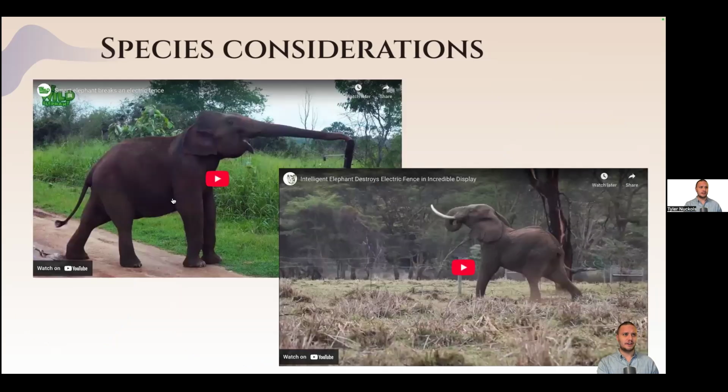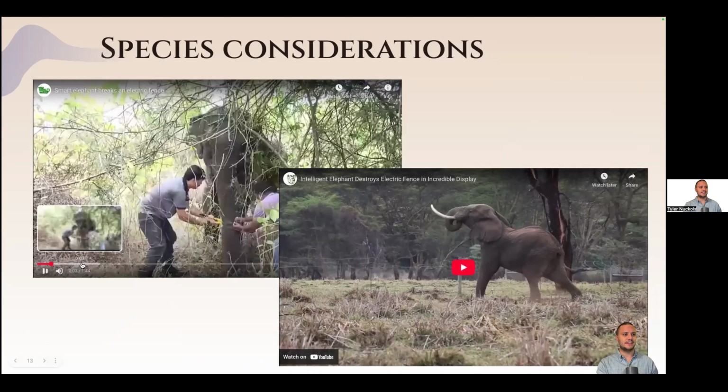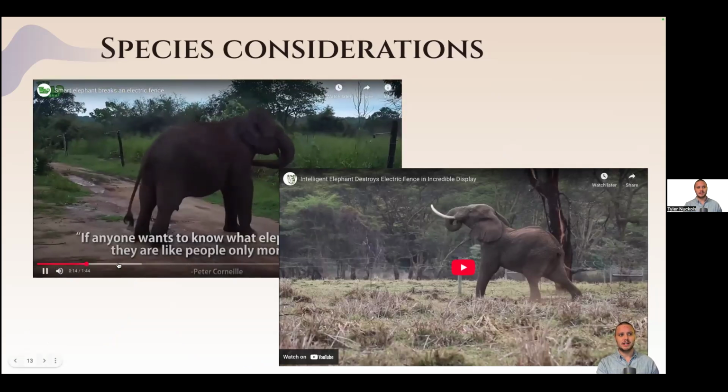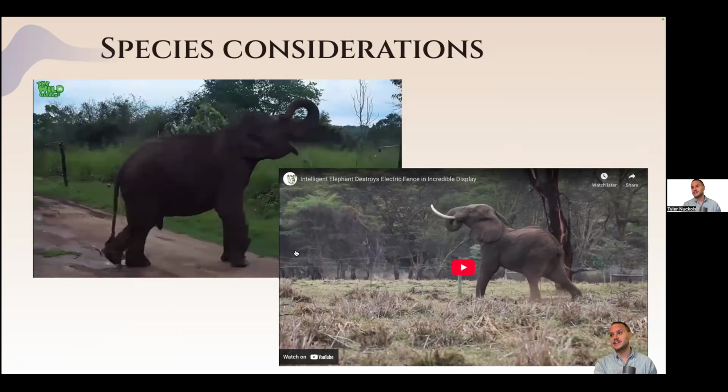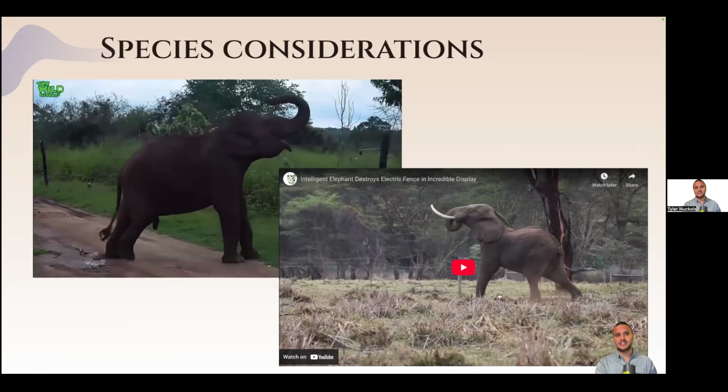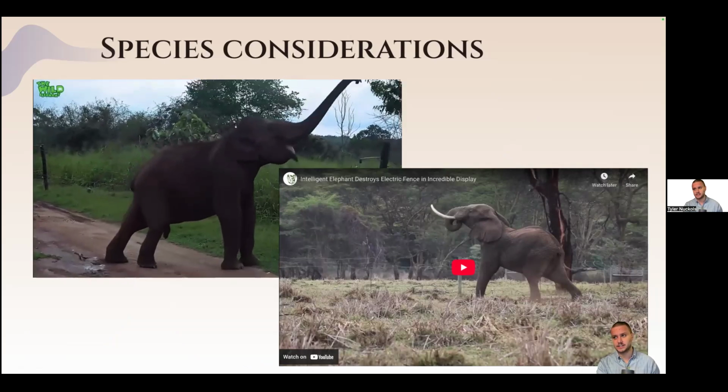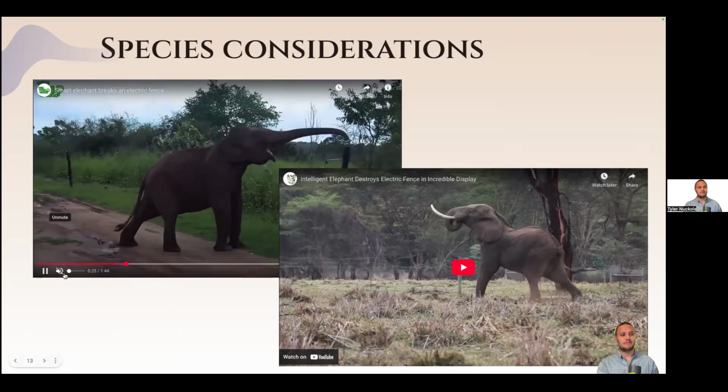And so when I talk about habituation, size, and intelligence with elephants, the examples are often habitual fence breakers. Across both continents, Asian elephants and African elephants have deftly learned how to overcome electric fencing.